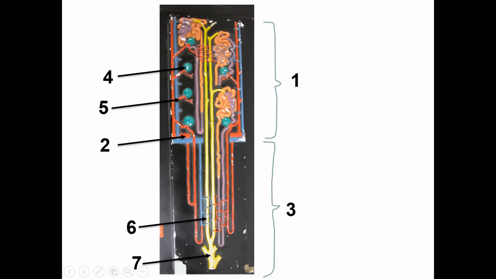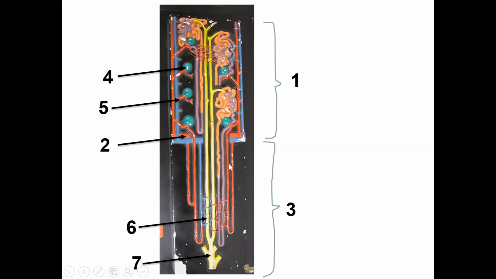Here is the cortex. Number one is the cortex, and number three here is the medulla. You see the parallel tubular structures. If it's a deep, juxtamedullary nephron, it extends tubular structures into the medulla, and along the loop of Henle you have the capillaries.